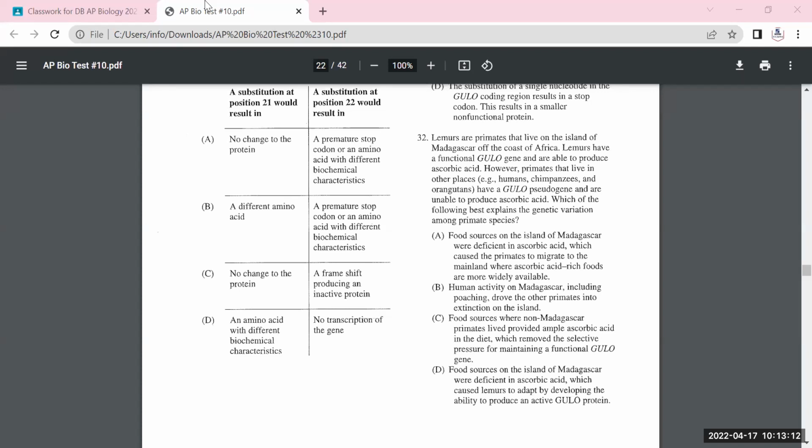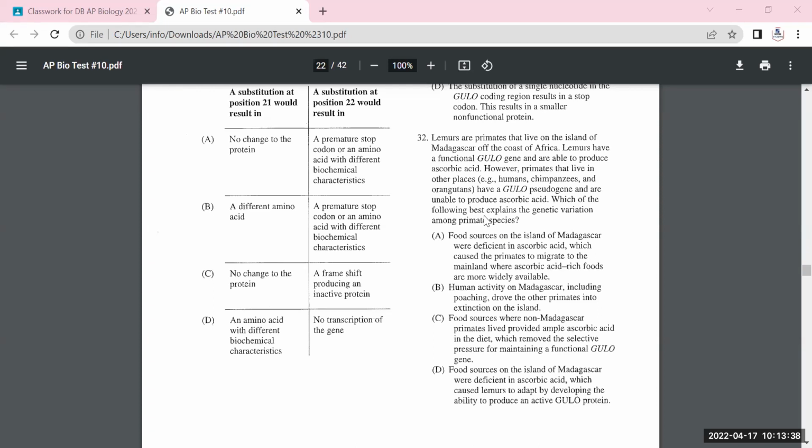First part makes sense. Second part not so much, right? Part B. Human activity on Madagascar, including poaching, drove the other primates into extinction on the land. Doesn't necessarily explain this. Food sources where non-Madagascar primates lived provided ample ascorbic acid in the diet, which removed the selective pressure for maintaining a functional gulo gene, right?